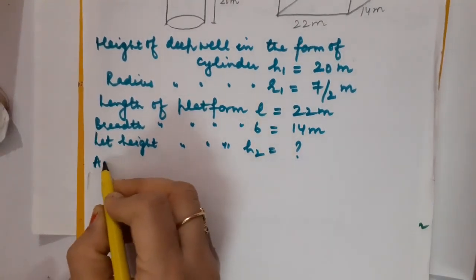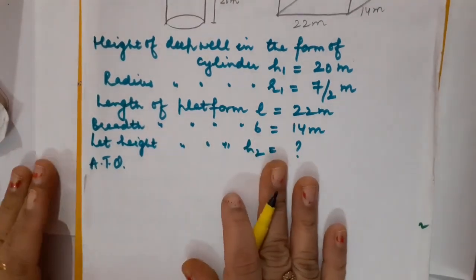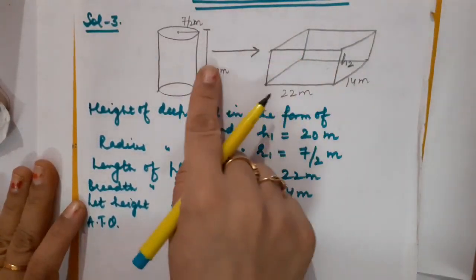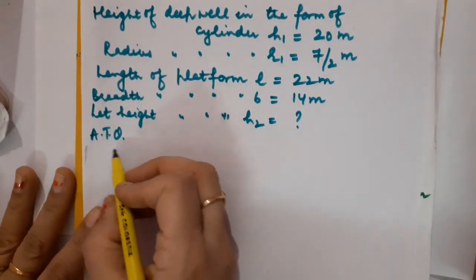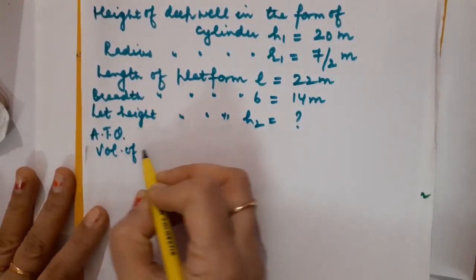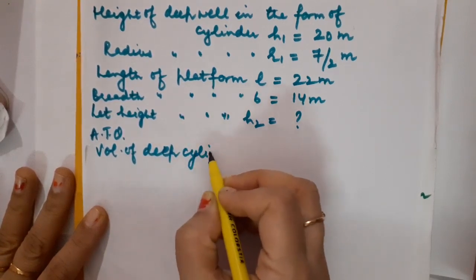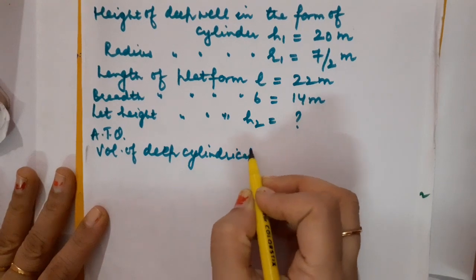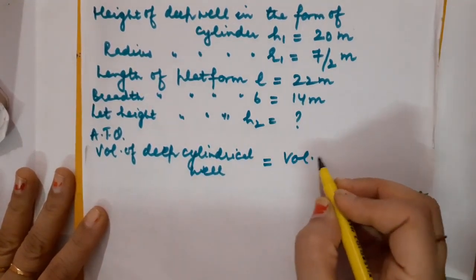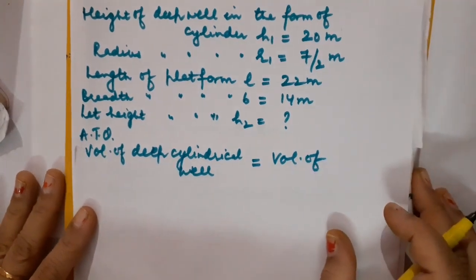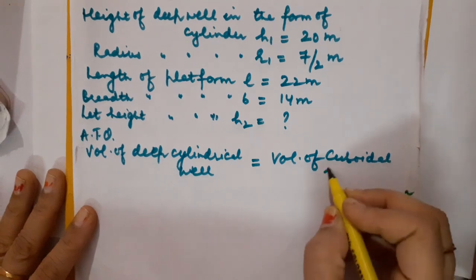So children, as I have told you, this question is basically based on the conversion of a solid from one shape to another. So their volumes must remain the same. So according to the question, what can we say? That the volume of the deep cylindrical well must be equal to the volume of the cuboidal platform.